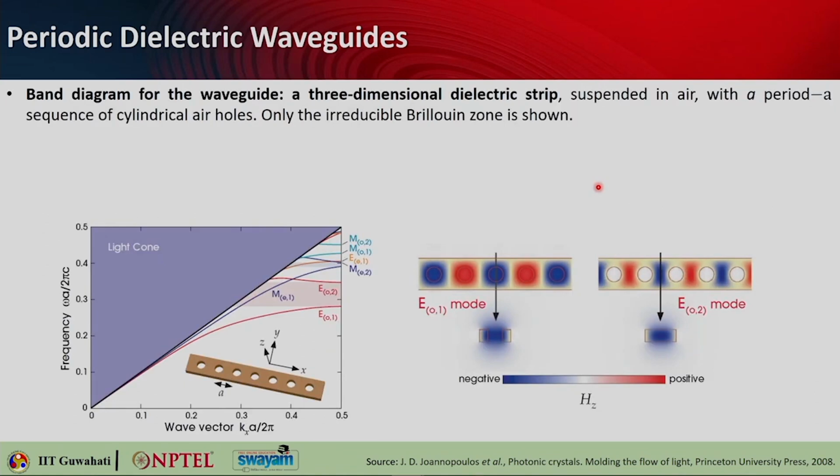Now let us look into the band diagram for the waveguide. In case you take a 3-dimensional strip, it has a finite width and a finite thickness. So this becomes a 3-dimensional dielectric strip, suspended in air, and the holes have a periodicity of a, and these holes are cylindrical holes.